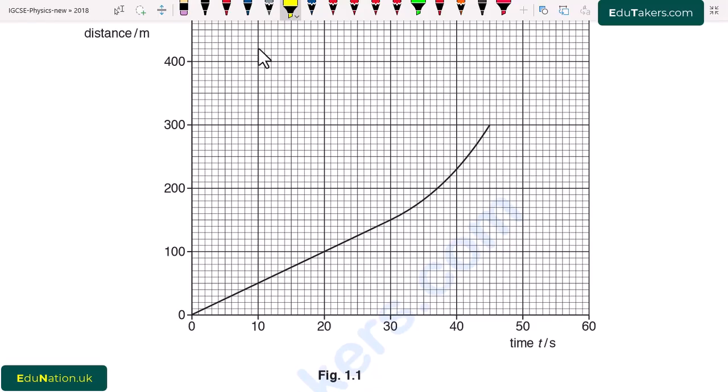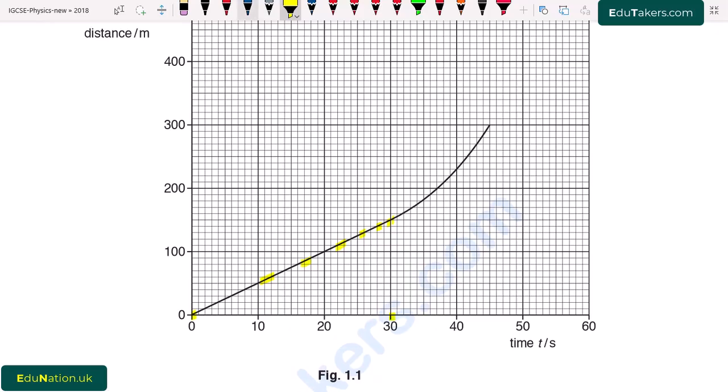We can see on the distance time graph from time t equal to 0 to 30 seconds, it is a straight line. It means that in this region, speed of the car is uniform. It means that when we increase the time, distance also increases.